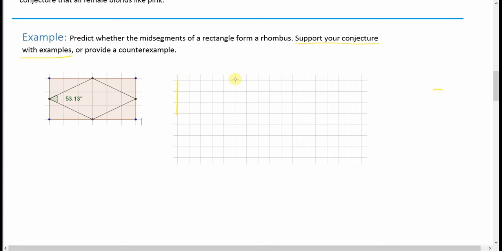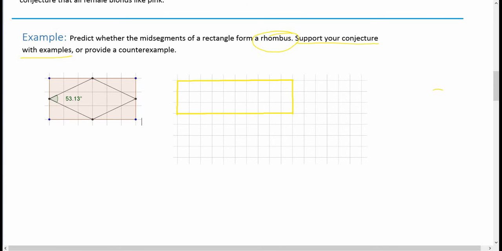And we're going to try to show that no matter what the shape of the rectangle, the midsegments form, well, I was just saying parallelogram, but in the question I already typed rhombus.